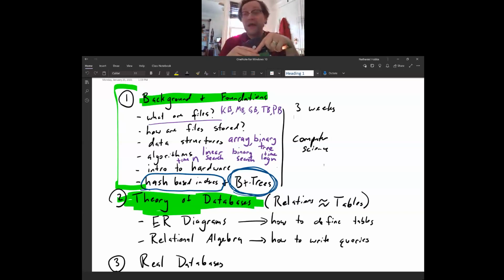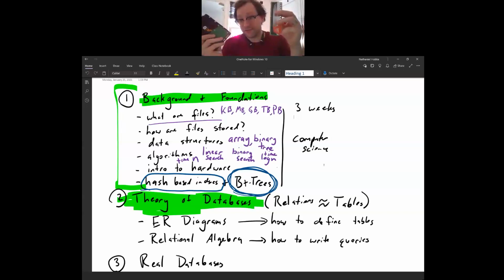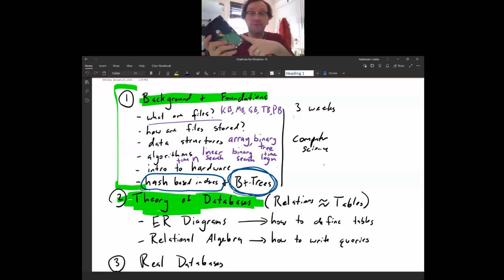Or for a hash-based index, you could load the first set of buckets into RAM, but if you have lots and lots of them, then they're going to be stored in another file, like a secondary file to the index.